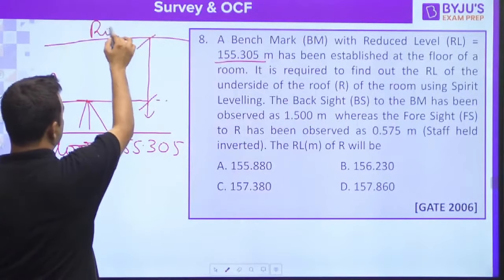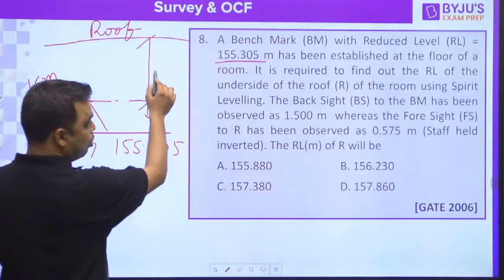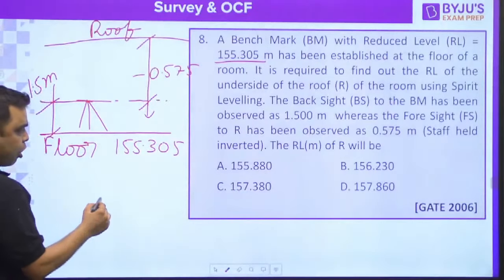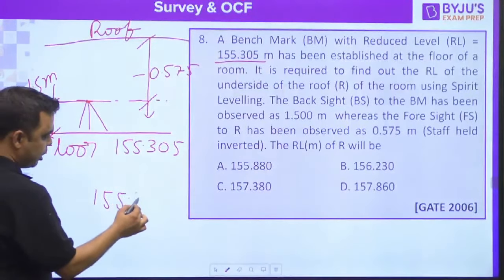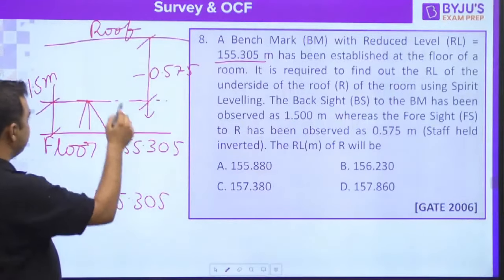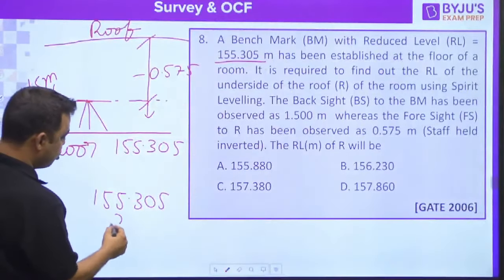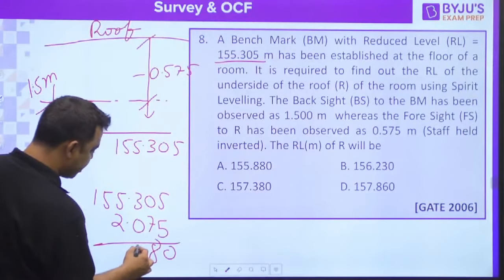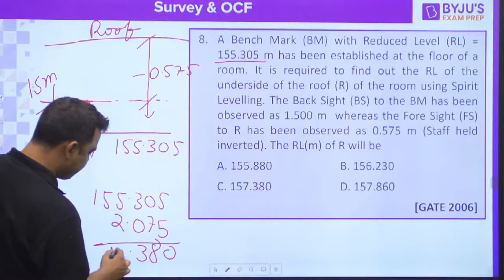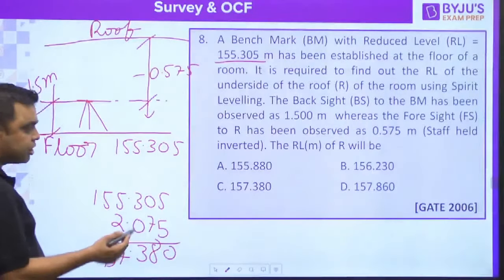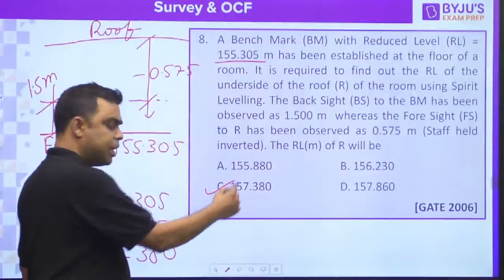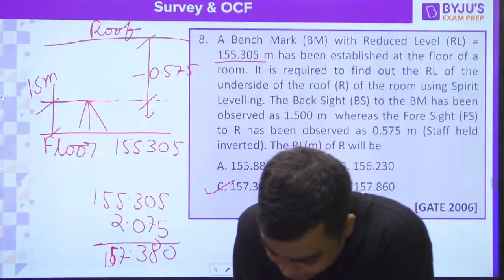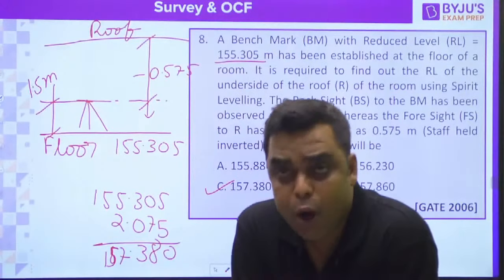This is the roof: 0.575, a negative reading. So 155.305 plus, if you add this, 2.075, it will be 157.380. So the answer will be option C. Inverted staff, yes. Very good guys.